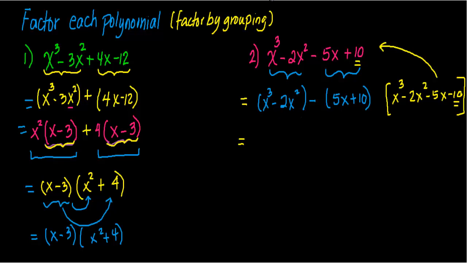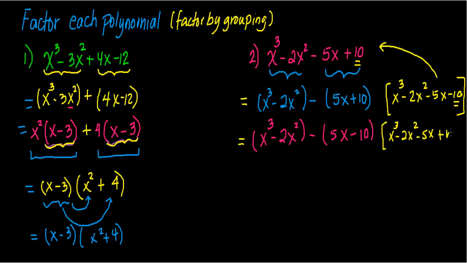Now, we have to make arrangements to fix this. And what you do is, that first group, that's okay. That's not bothering anything. It's not changing anything. But this second group, here's what I do. Instead of writing plus 10, I will write minus 10. And now, when I distribute this negative, I will have x cubed minus 2x squared minus 5x, and negative times negative will give me plus 10.